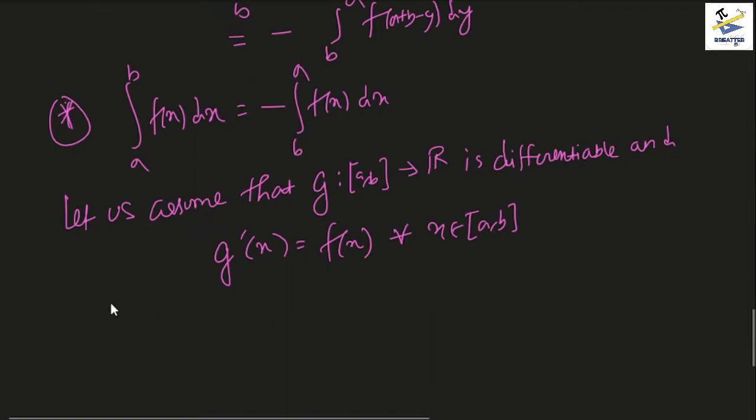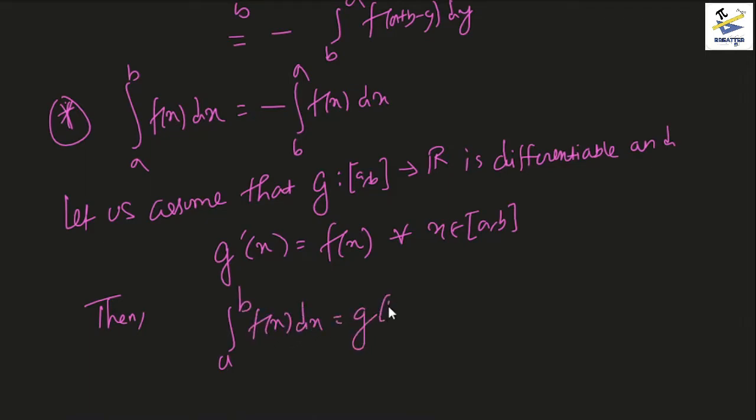Then a to b f of x dx should be equal to g of b minus g of a, right? Why? Because of the fundamental theorem of integral calculus, by FTIC.